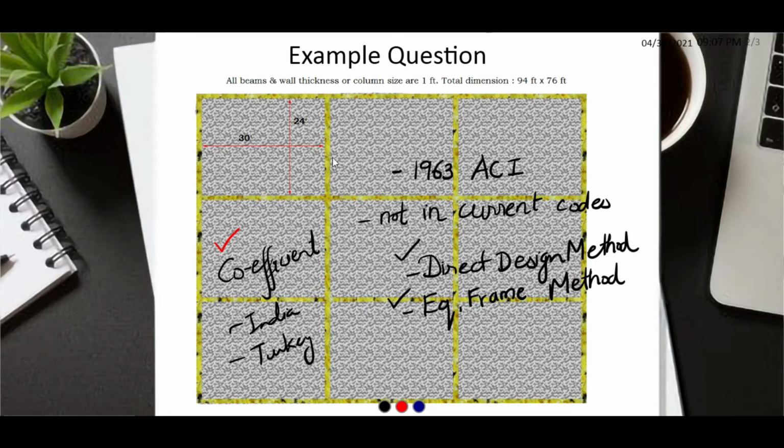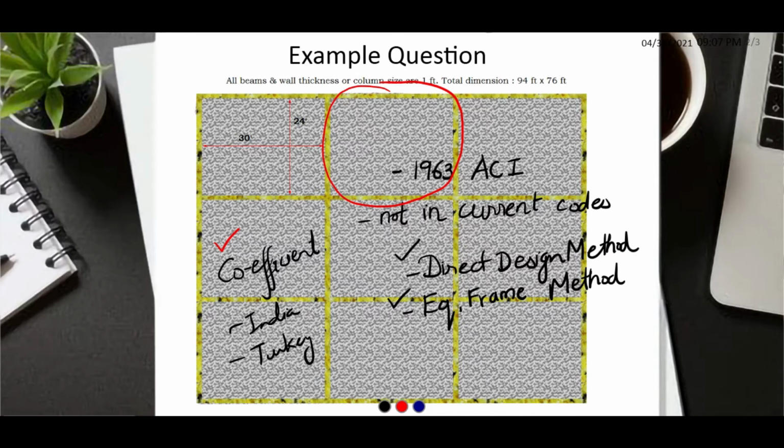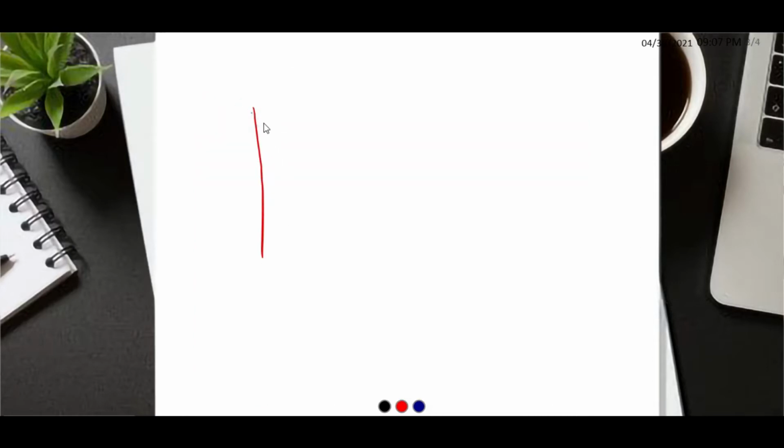So let me give you a brief idea how to solve. We consider a portion of slab, suppose this square or rectangle, and we will divide that slab into middle strip and edge strip like this.